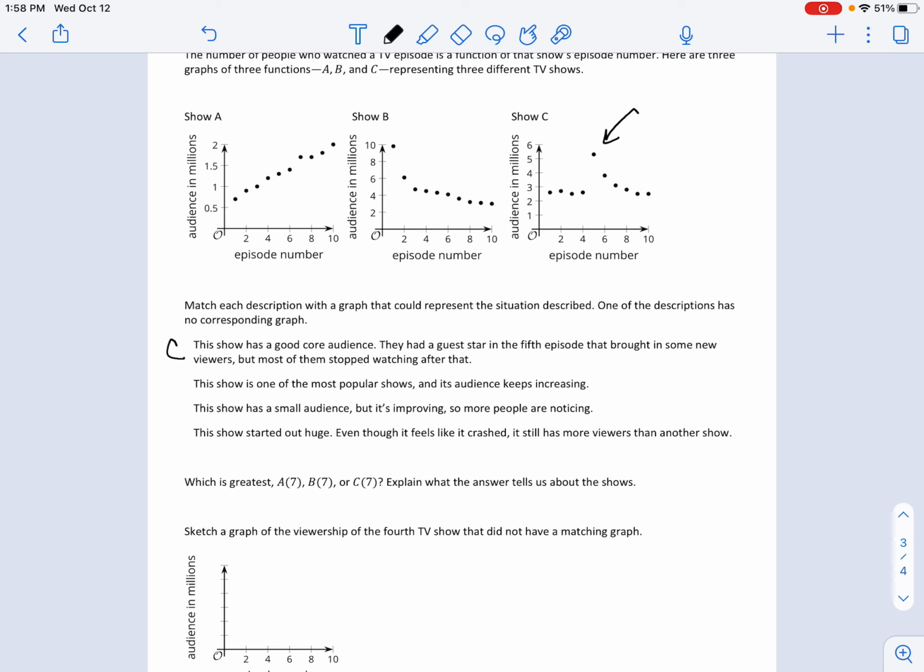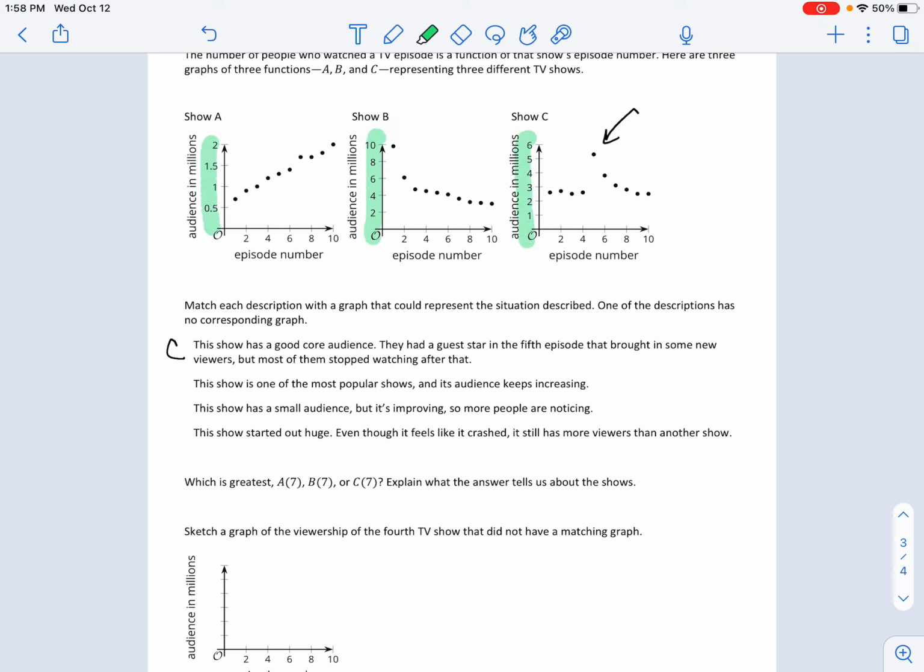And then the second one, it says, this show is one of the most popular shows and its audience keeps increasing. Okay, so if we look at show A, it is definitely increasing and it just keeps increasing. However, if you look at the scale on the side of the graph, each scale is a little bit different.